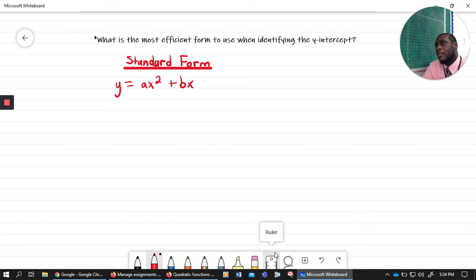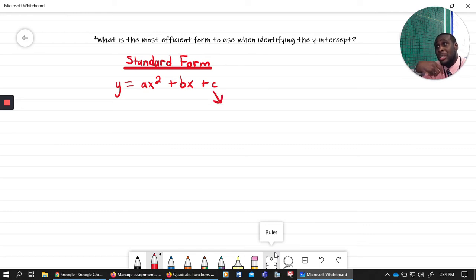Alright. And so we should know which part here identifies your y-intercept. You can identify that y-intercept because the y-intercept will be the c value. Whatever the value of c is, that will be what your y-intercept is.